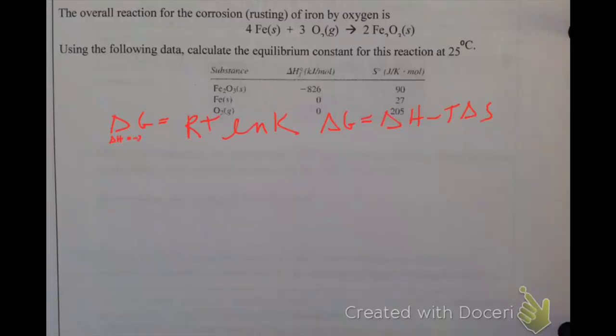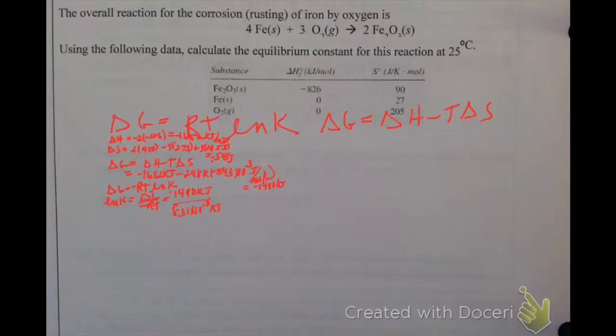I wrote really small here, and I apologize. You probably can't see it, but I'm first calculating delta H using the table of values. Then I calculate delta S using the table of values. I calculate delta G using delta H minus T delta S. Once I have my delta G, I plug that into the Ratlink equation and calculate my K. Alright.